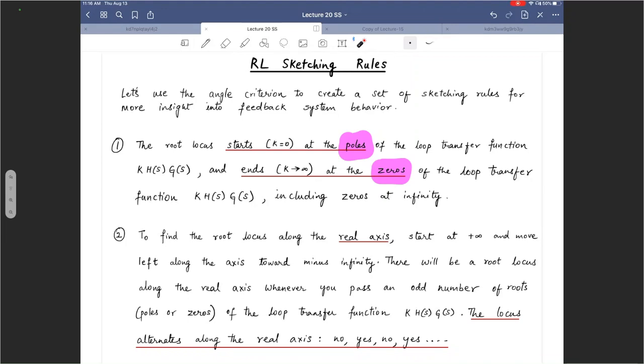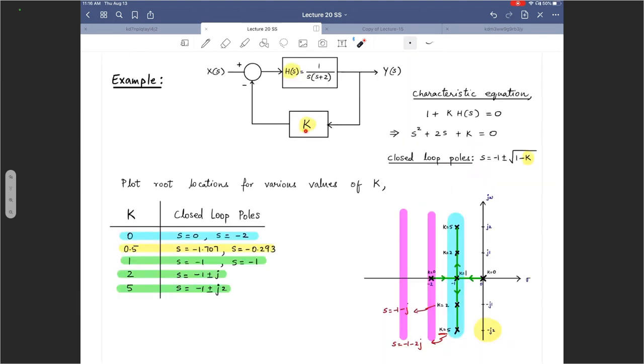Think about it this way: as you make k equal infinity, you have made the negative feedback infinite. That means you are going to get nothing for the output. That's a 0.